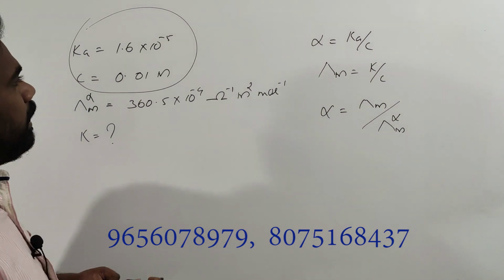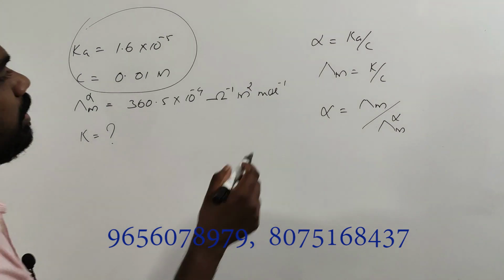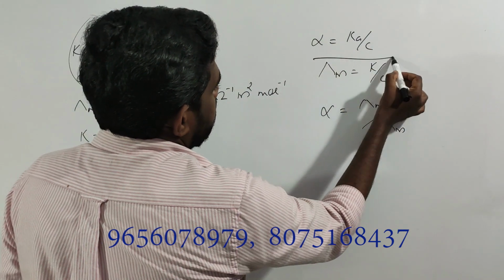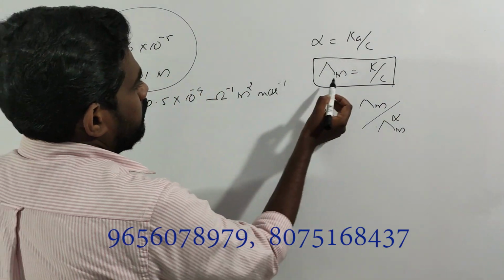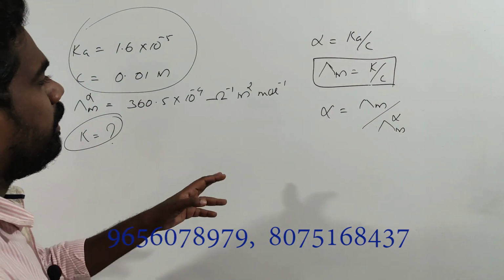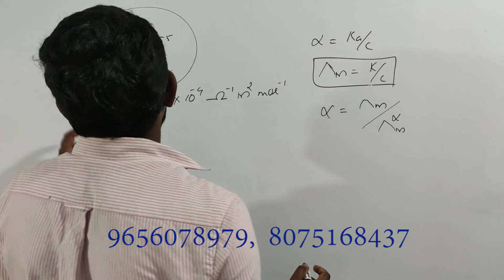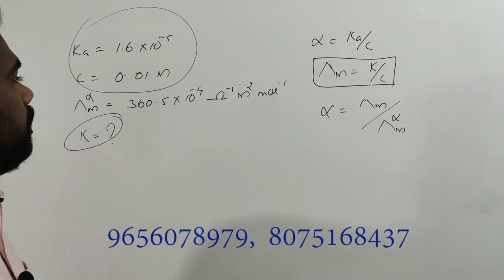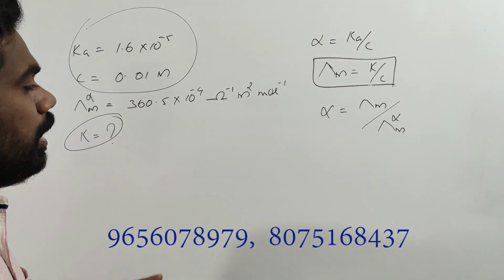If we apply alpha equal to Ka by C, this is the relation. We should find out kappa from lambda m into C. Kappa equal to lambda m into C. C is given, but the problem is we don't know lambda m, so we should find out the value of lambda m.